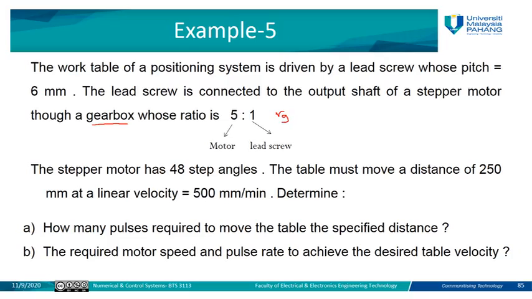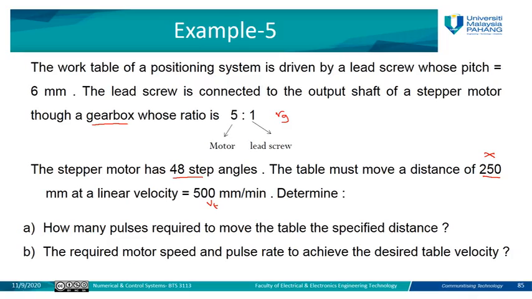Then the stepper motor has 48 steps, or NS. Then the table must move a distance of 250, which is the value of x that we used in our equations before, I mean formulas, at a linear velocity, which is vt here. The linear velocity is the velocity of the movement of the table.